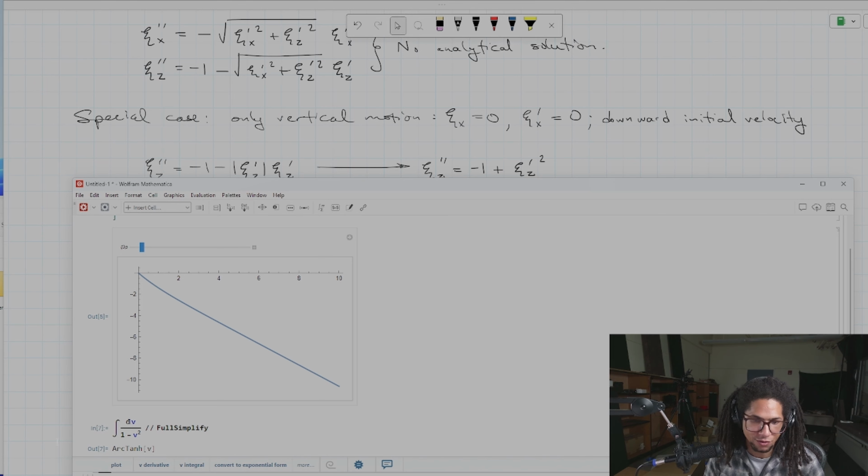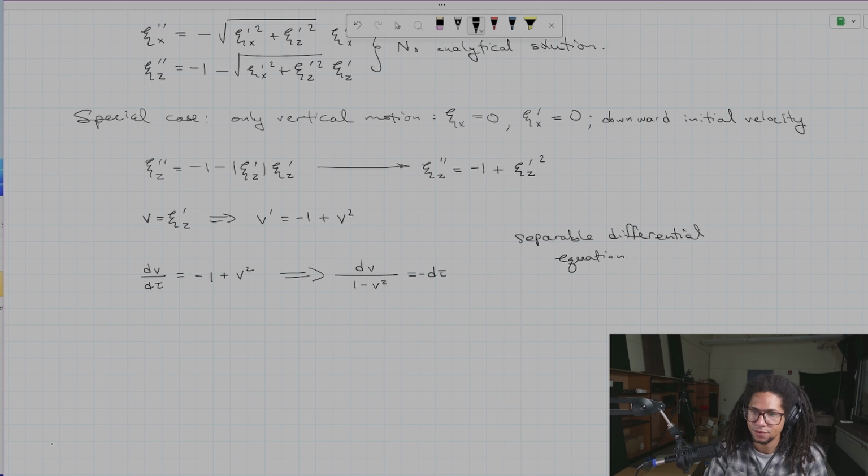So arctangent of v is what I need. So this implies if I now integrate both sides, that tangent inverse of v is equal to minus tau. Or, sorry, plus a constant.